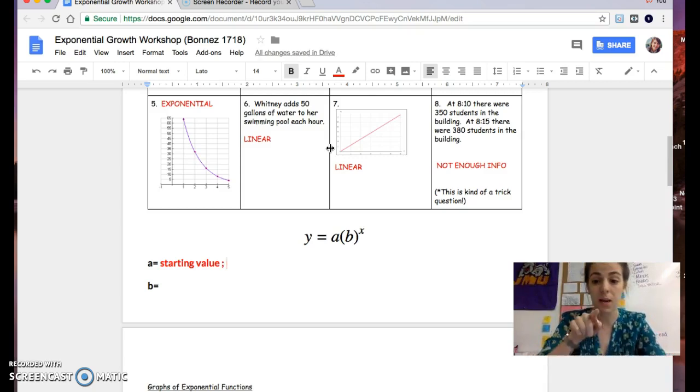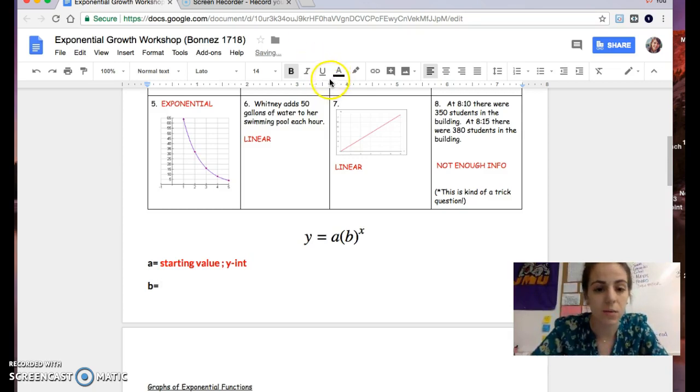If you plug in 0 for x, when x is 0, y is just going to be equal to whatever a is, because anything raised to the power of 0 is 1. So you can think of a as the y-intercept. I know it's a little confusing because in a linear equation, y equals mx plus b, we say the b is the y-intercept, but this is exponential, so it's a little different. So a, anyway, is your starting value. Also, you can call it your y-intercept if you like.